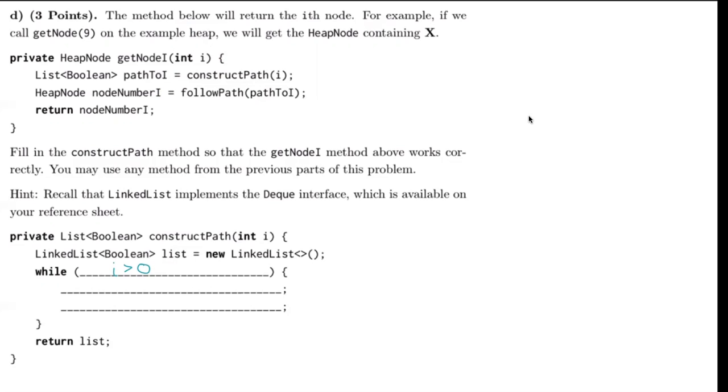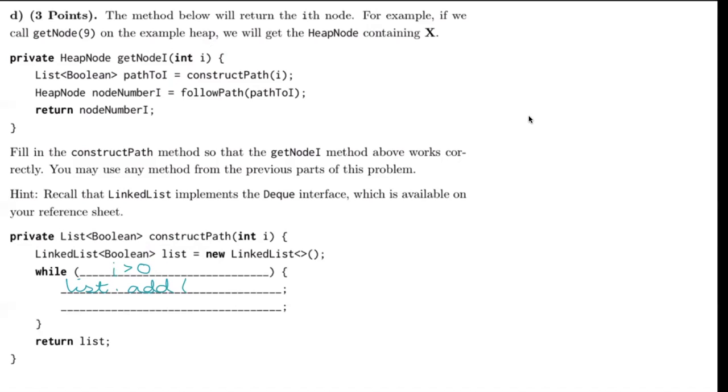So while I is greater than 0, we would probably want to add which way we are going down our tree. So whether that's left or that's right, corresponding to false and true. So we would do list dot add, and we can't add I because I is an integer and we need to be adding booleans.